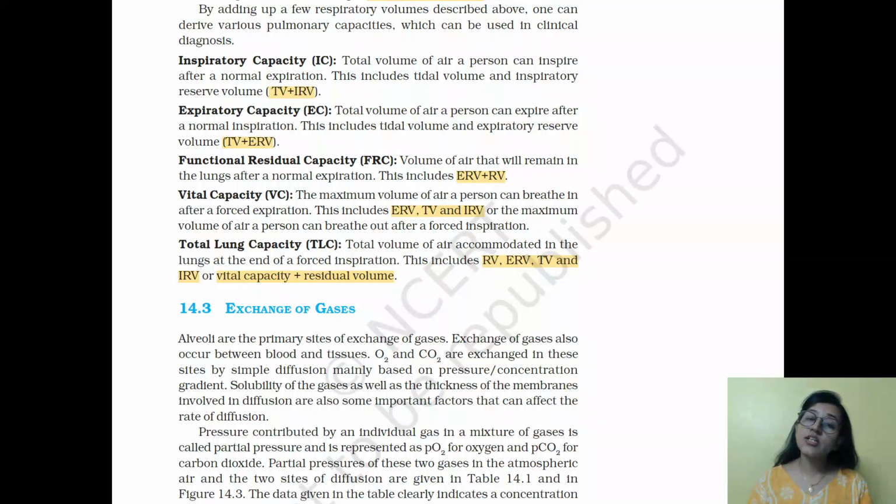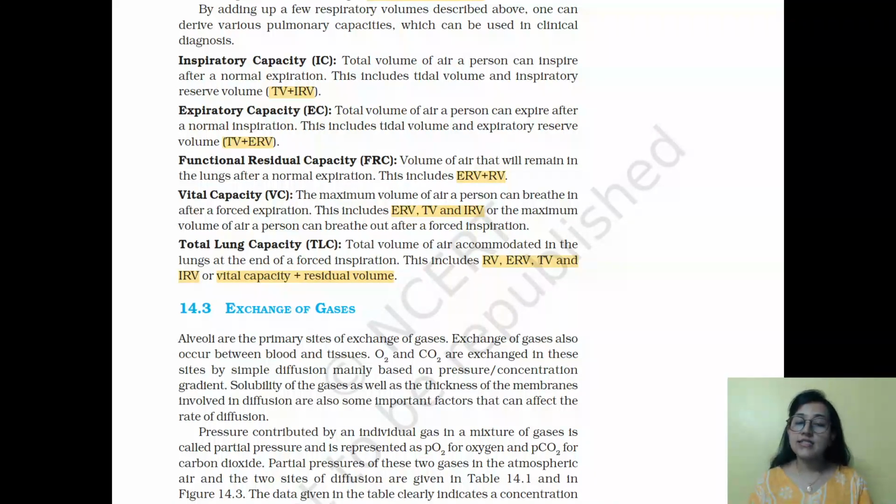Next comes the total lung capacity, that is the total volume of air that the lungs can hold at any time. It is the total volume of air accommodated in the lungs at the end of a forced inspiration. So this includes obviously the residual volume and the vital capacity, which is the amount of air which we can breathe in or out in a forceful respiration.